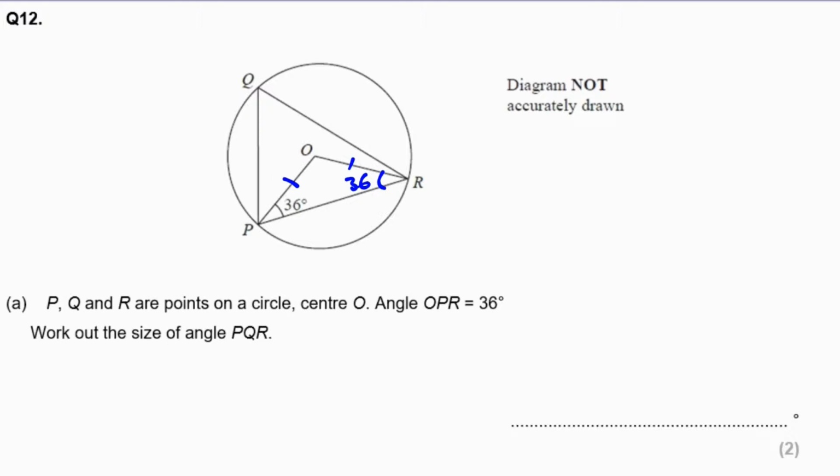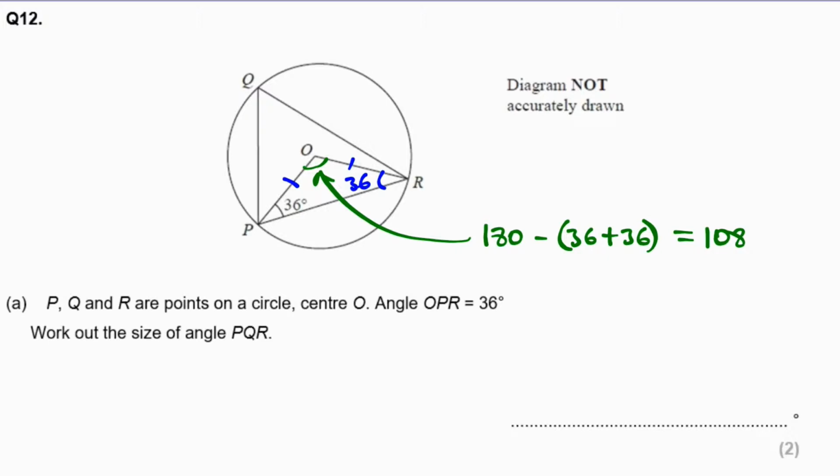So we can easily find this angle here, which will be equal to 180 minus 36 plus 36, and that will be equal to 108.